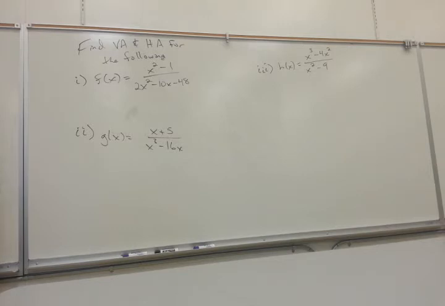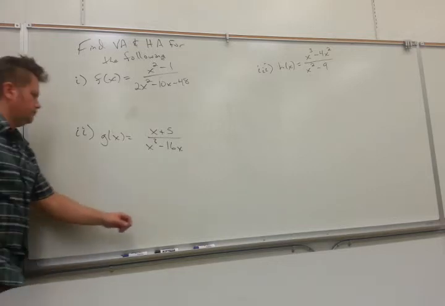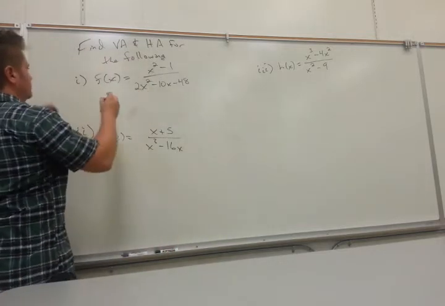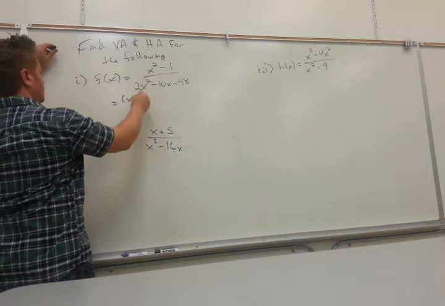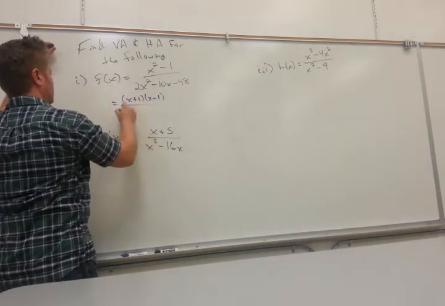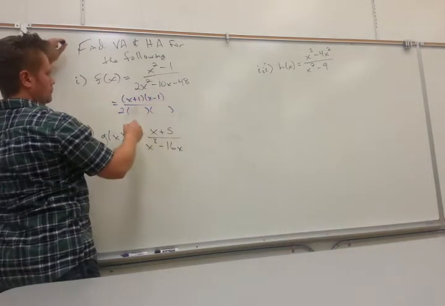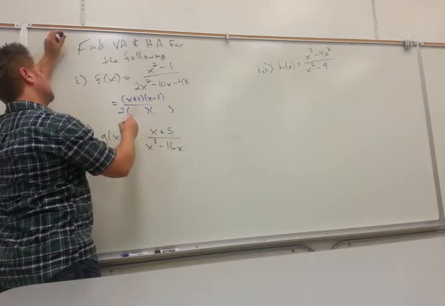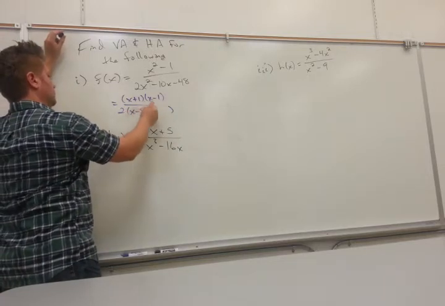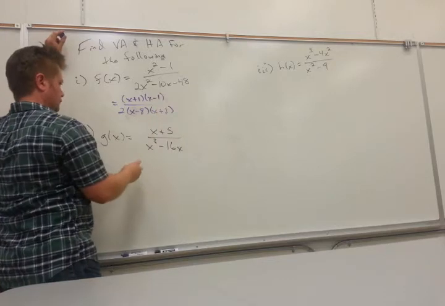X plus 5 over x times x squared minus 16, which is factorable, to x plus 5 over x times x plus 4, x minus 4.